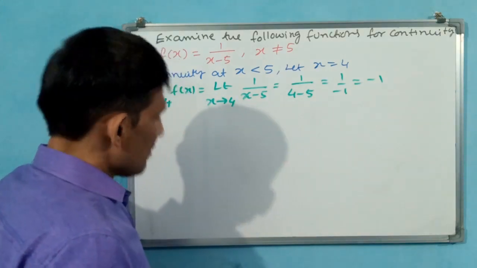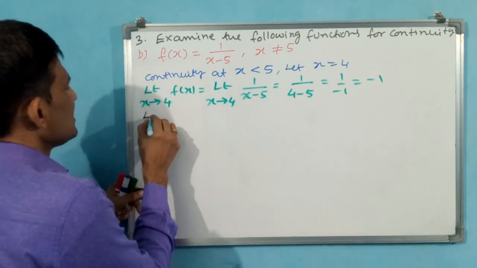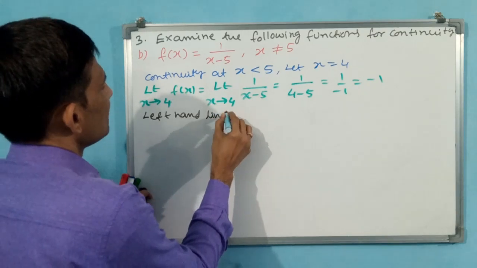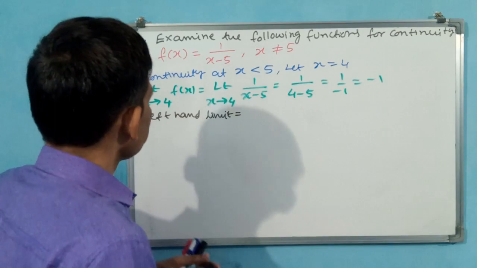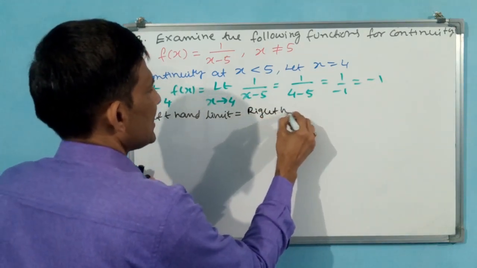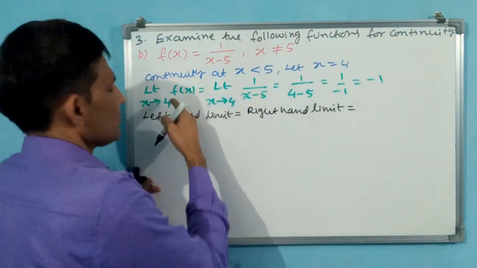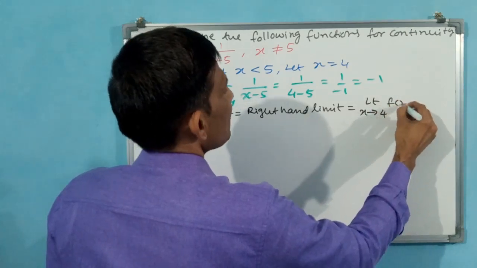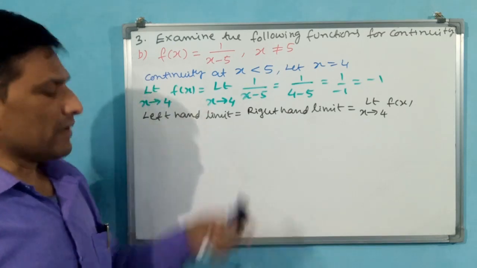Okay, write down. First what I am writing, observe carefully. Left hand limit is equal to right hand limit, that is equal to limit x tends to 4 f of x.